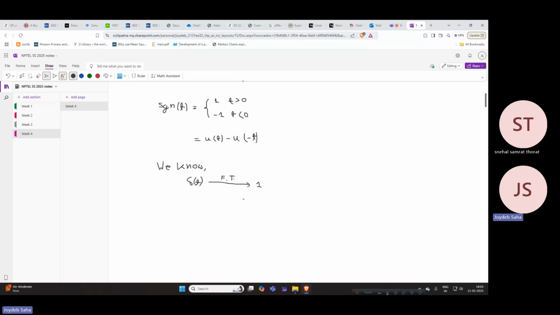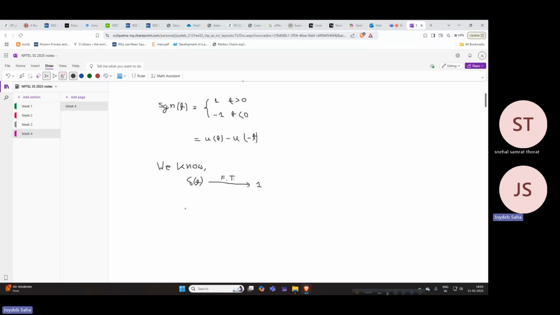Now applying the integration property. So if we integrate delta t, we will get u(t). Hope it is clear.